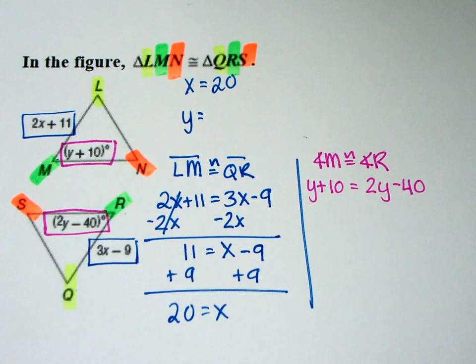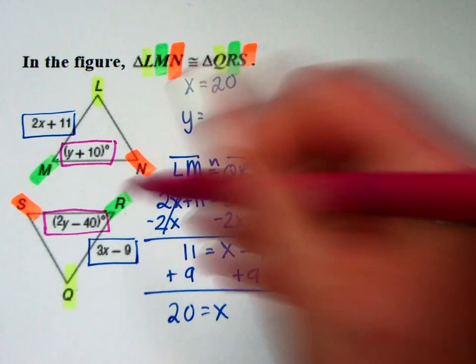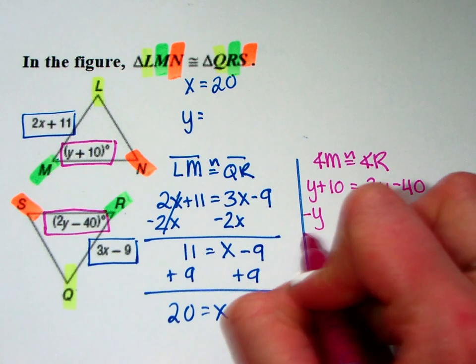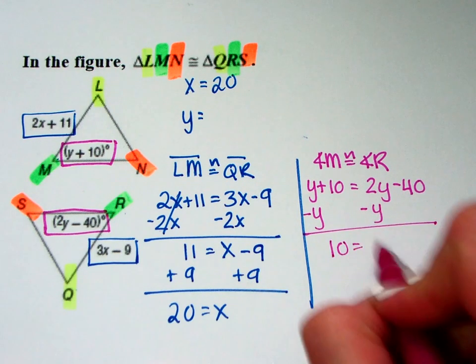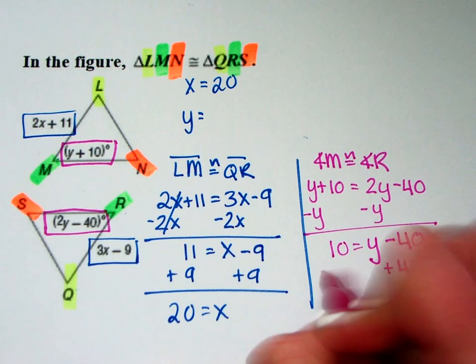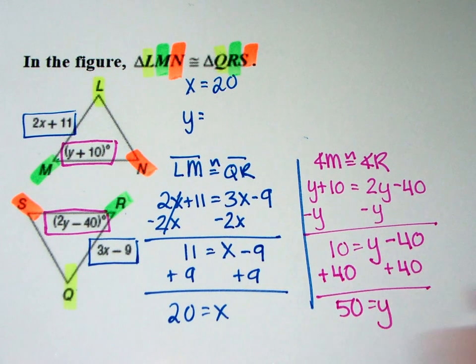It's an easy concept to mess up because we get overconfident and just assume that we know everything. It's okay to label your picture. I encourage you to label your picture for a reason. So now that I've labeled, I know for sure that M and R are congruent angles. So I'm going to move my y by subtraction. 2y minus y is just y minus 40. Add my 40, 10 plus 40 is 50, and that is my y value.